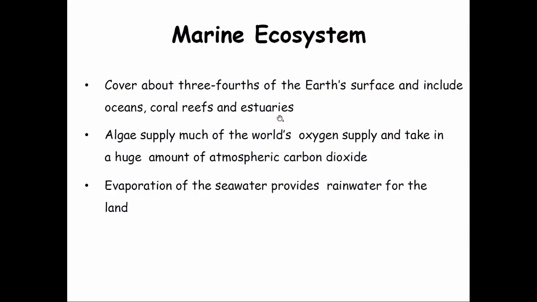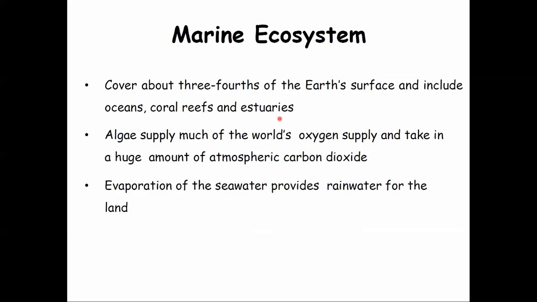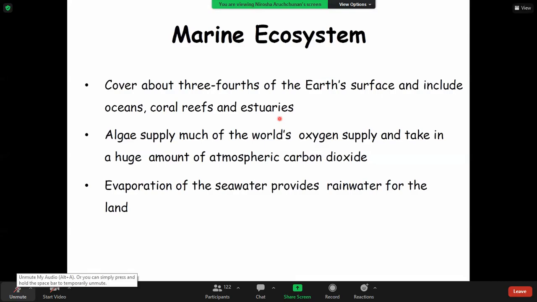How does the oxygen supply happen here? In a terrestrial ecosystem, plants absorb carbon dioxide and release oxygen through photosynthesis, so organisms there have an oxygen supply. Think about the marine ecosystem, fully occupied with water. How does the oxygen supply happen?